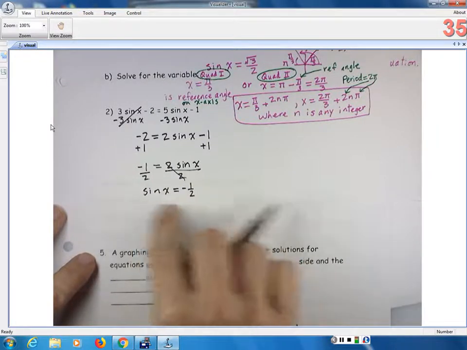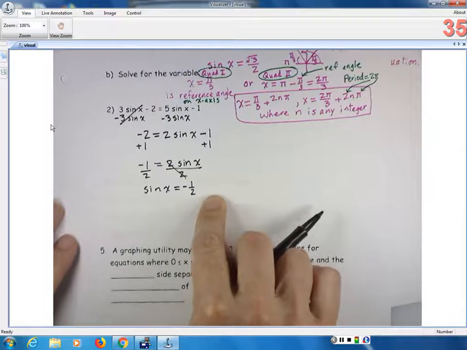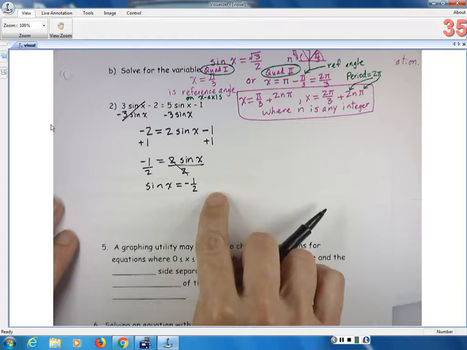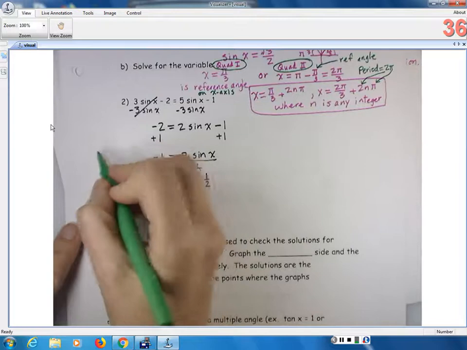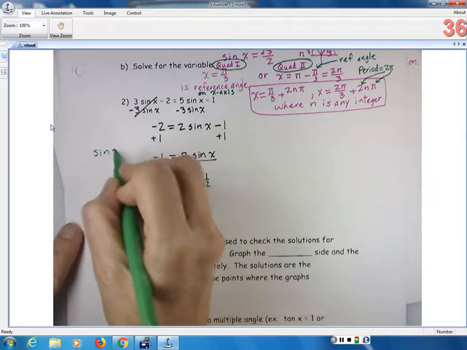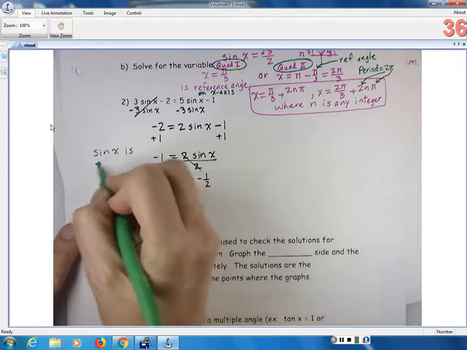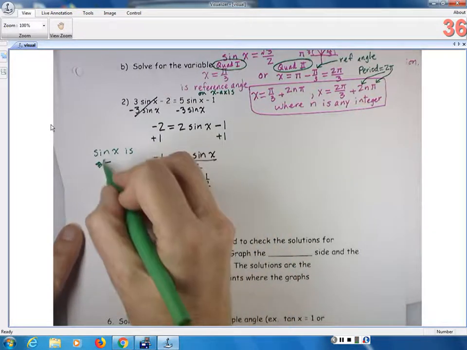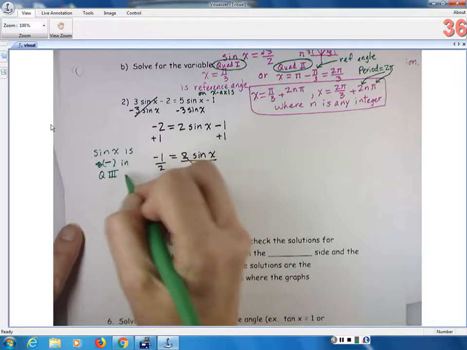That was the first step. Now, again, we have sine of x negative, so we have different quadrants: sine is negative in quadrants 3 and 4.